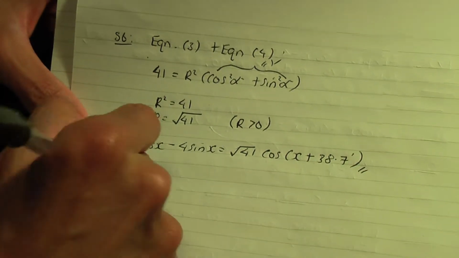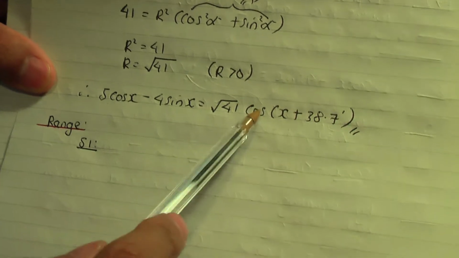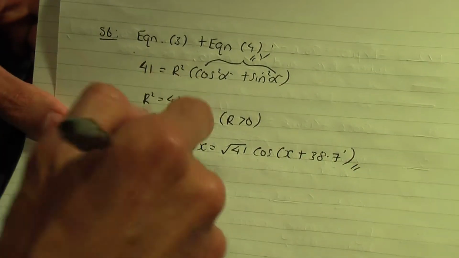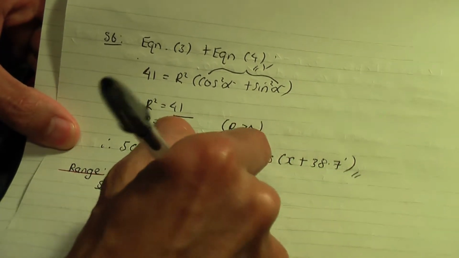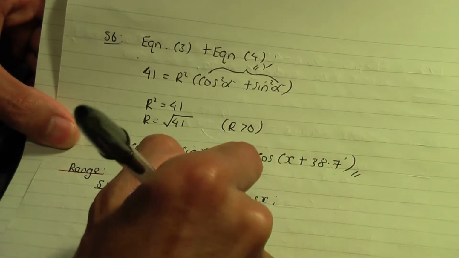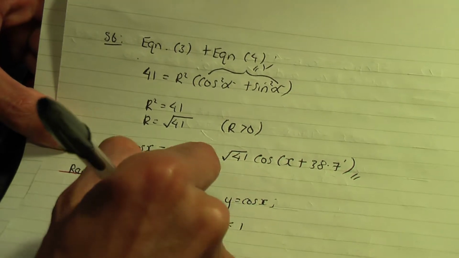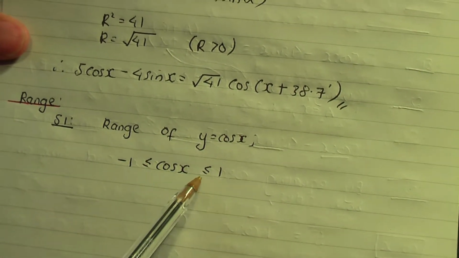In step number 1, when we work out the range, first write down the range of cos x. Cos x lies between 1 and minus 1, which arises when you sketch y equals cos x.